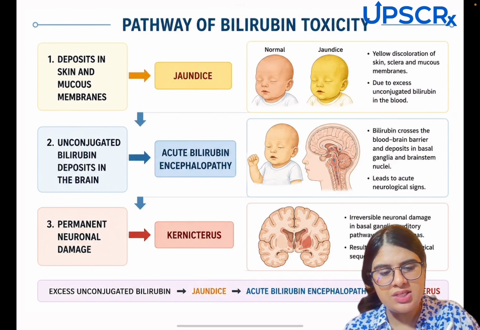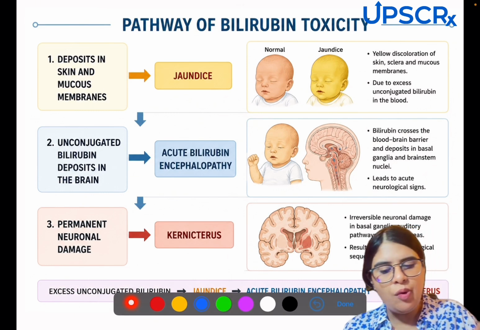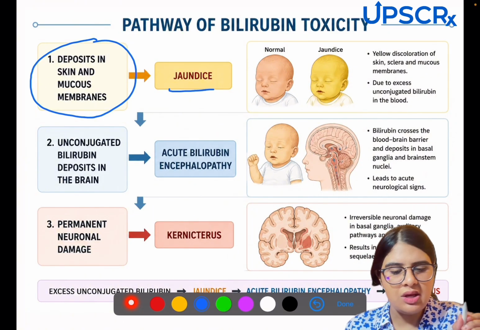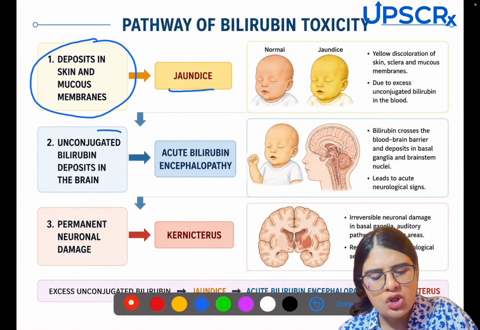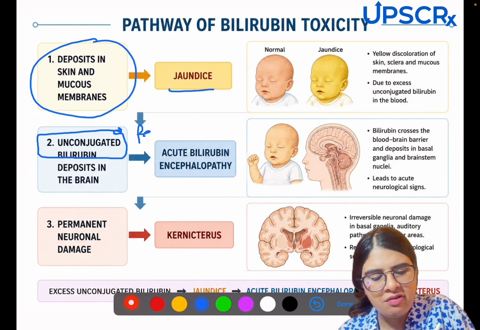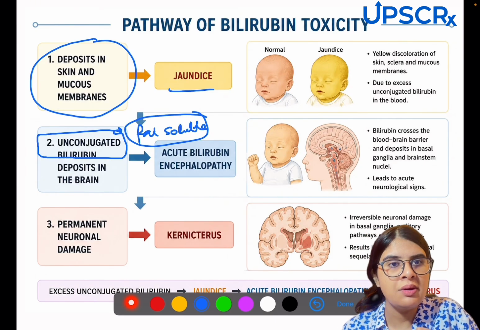Next, let's see what is the pathway of bilirubin toxicity. Now, if bilirubin is depositing in the skin and mucous membranes, it will cause jaundice. This is easy. Unconjugated bilirubin, we talked about it being fat soluble. If it is fat soluble, it can cross membranes.